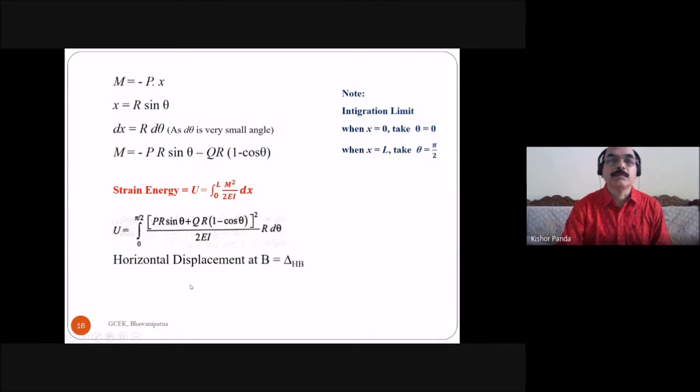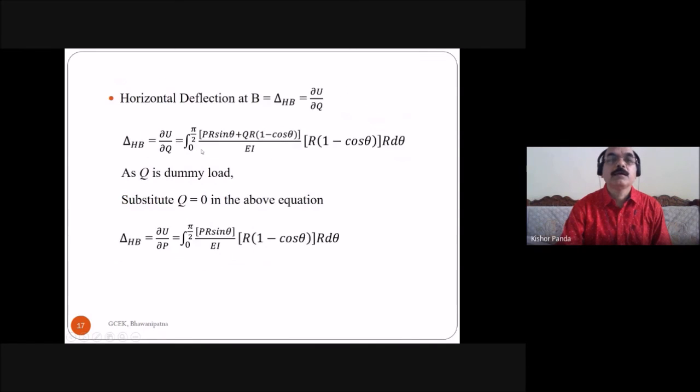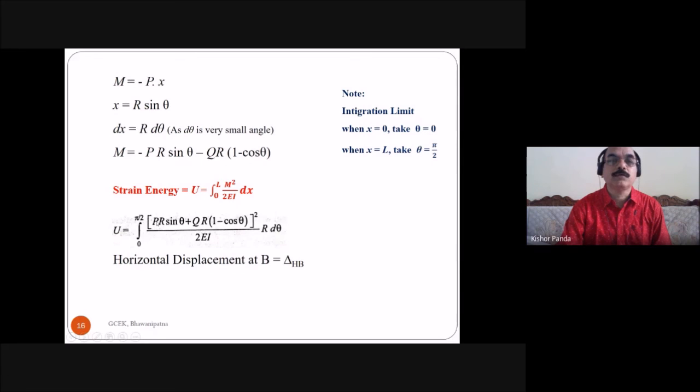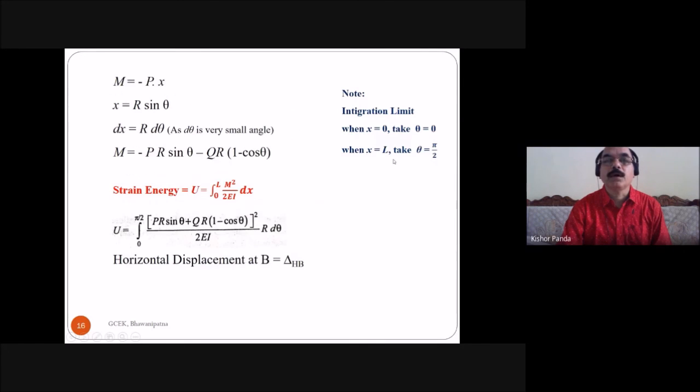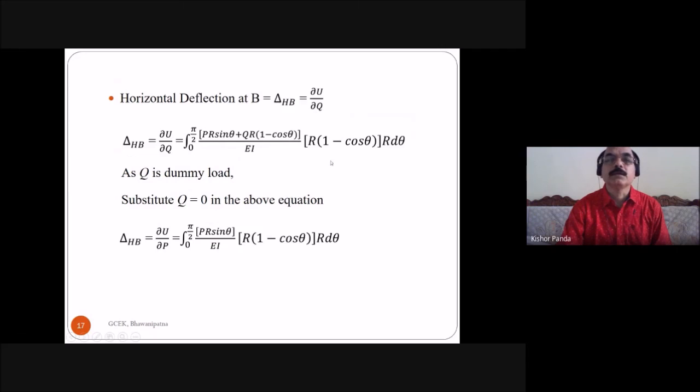So what do you get? 2 into PR sin theta plus QR into 1 minus cos theta, but the 2 cancels with the 2 in the denominator. And due to this, you get R into 1 minus cos theta into R d theta. This is after taking the partial derivative of the strain energy with respect to Q.